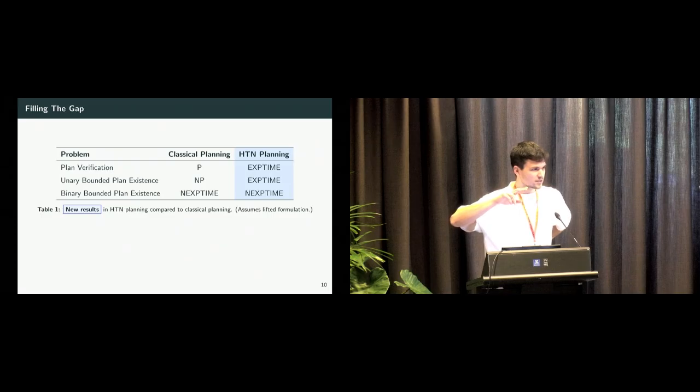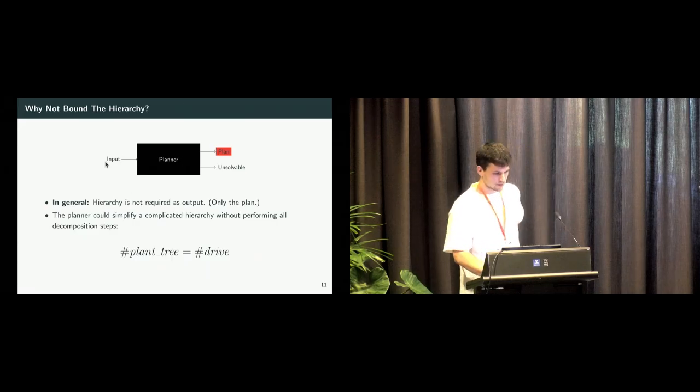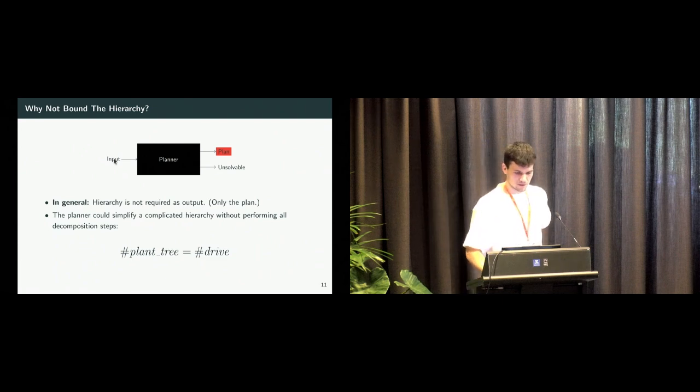Is it a difference in how you encode your problems? Okay, so if you look at this, the input, instead of just being the planning task, would literally be a sequence of ones, or an n given in 1 and 0. The idea is that, at least if you come from a classical planning background, this bound is basically non-constraining. In classical planning, you always have an upper bound on the plan length.